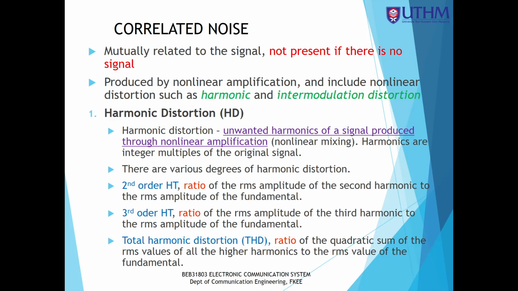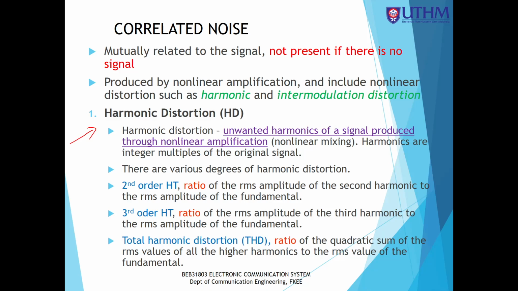So correlated noise we can divide into two, the first one is harmonic distortion. Harmonic distortion happens due to the unwanted harmonics of a signal produced through nonlinear amplification, or you can say through nonlinear mixing. Harmonics are integer multiples of the original signal.